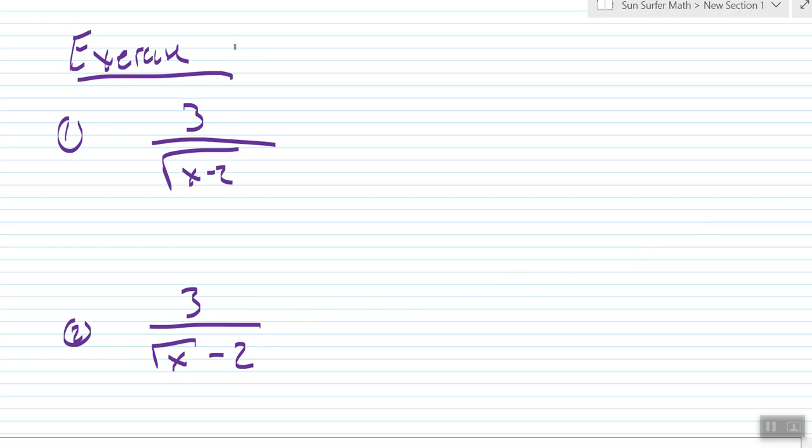Okay, with the first problem, we simply have one radical. Everything is underneath the single radical sign here. And so we're going to multiply by the square root of x minus 2 over the square root of x minus 2.